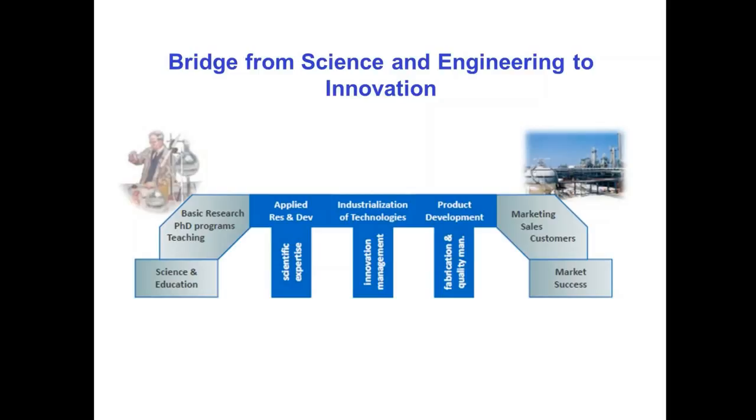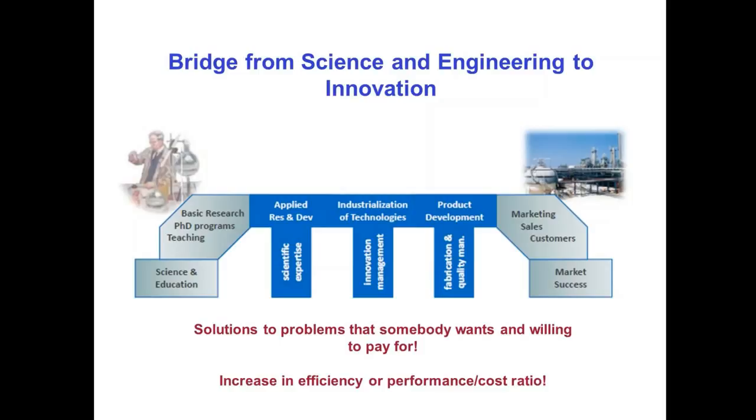That means that we take the best basic science platform that can come from the university, innovate it, optimize it, fabricate it in such a way that it becomes an exact solution or device that meets a market need. So in a way, innovationeering is solving problems, optimizing, increasing efficiency, or basically improving the cost-performance ratio of a product that may have come from the university.